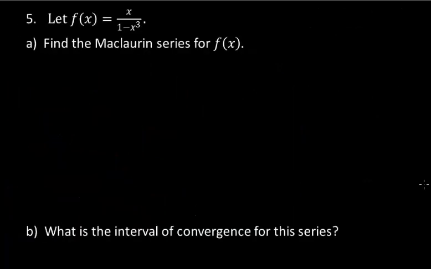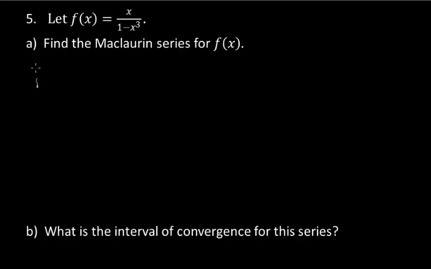Problem number 5, the last problem in this set, is similar to what we've done before. Find the Maclaurin series for f of x. Well, there's no need for us to try to find a general form like we did on the last problem for the kth coefficient of the Maclaurin series, because we can use series that we already know.